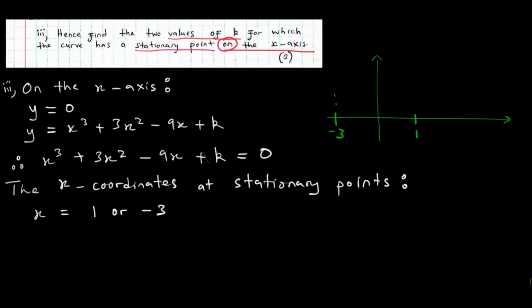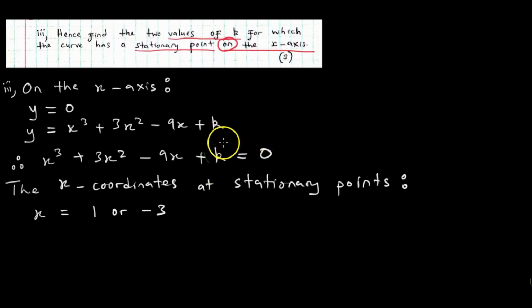So now we know that y is equal to x cubed plus, as given in our question. We know that y is equal to 0, so we reduce it to x cubed plus 3x squared minus 9x plus k is equal to 0.